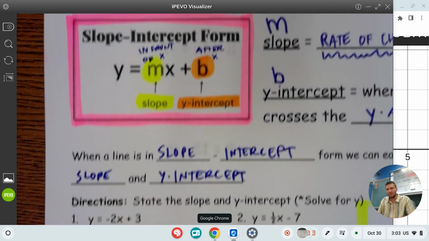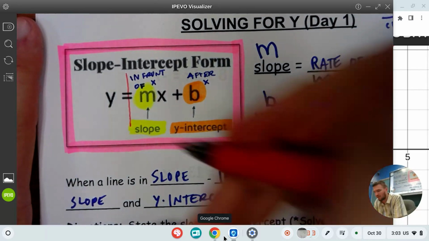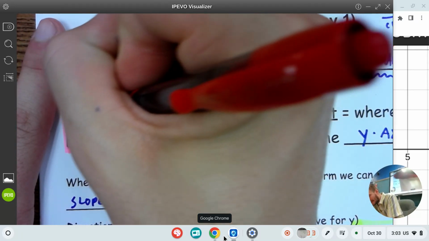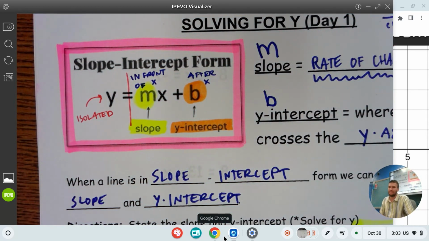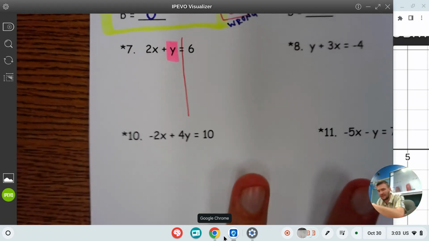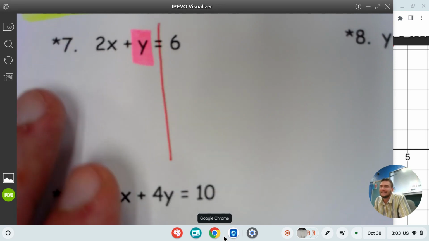The defining characteristic of the slope-intercept form is that the y is isolated, right? That the y is all by itself, okay? It's y equals, that's it. There's only a y on its own side. So if we look down here, is the y all by itself? No. Not yet.